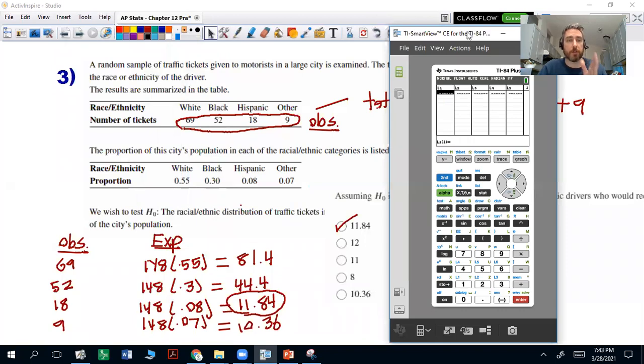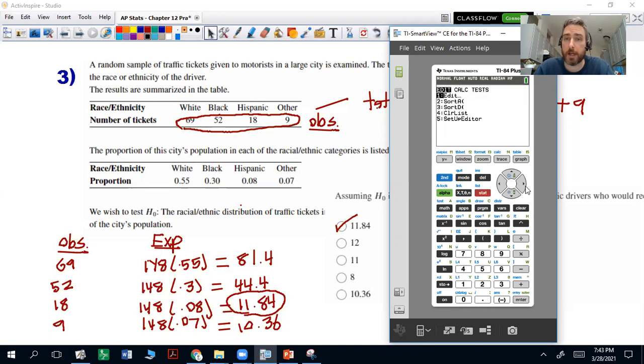Put your observed into L1, and your expected into L2. Then we'll run a chi-squared goodness of fit test.